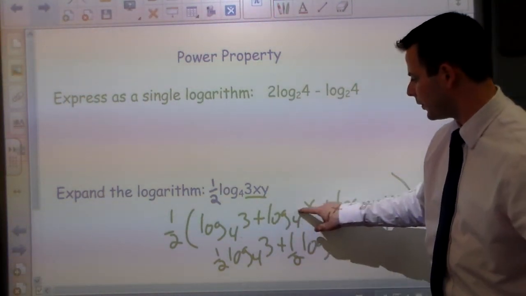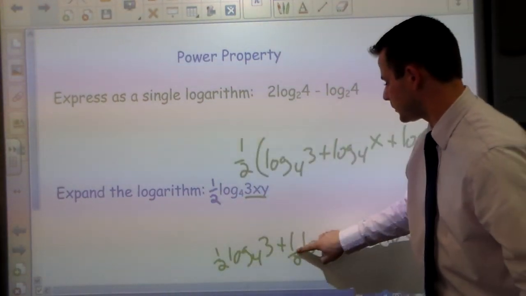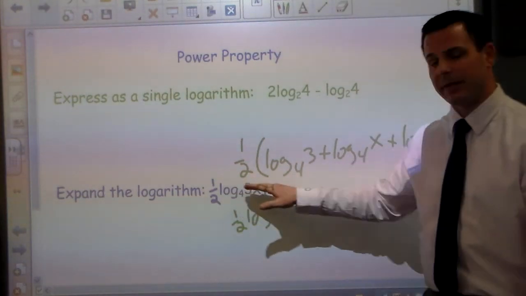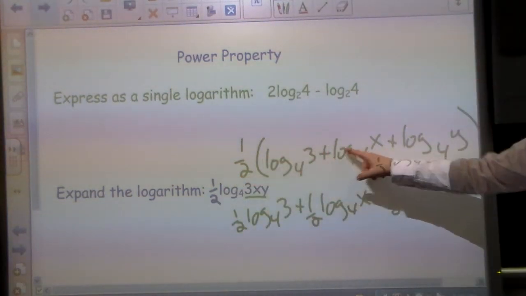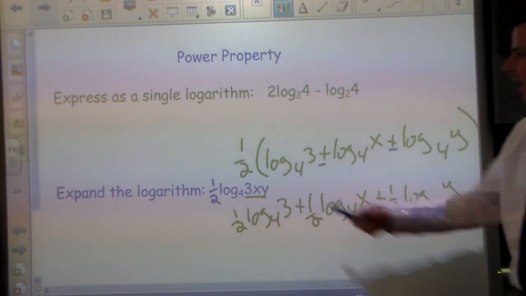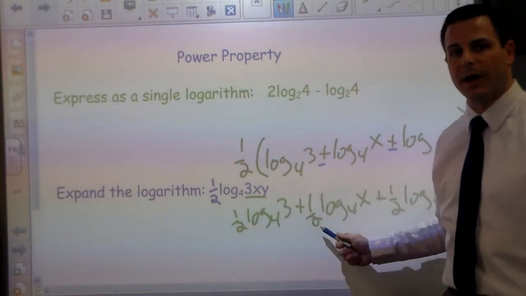Let me move this up in case you're having trouble seeing that. So what I did, I expanded all the logarithms with plus signs, and then I distributed the 1/2 to all 3 terms. So now each term has a coefficient of 1/2.